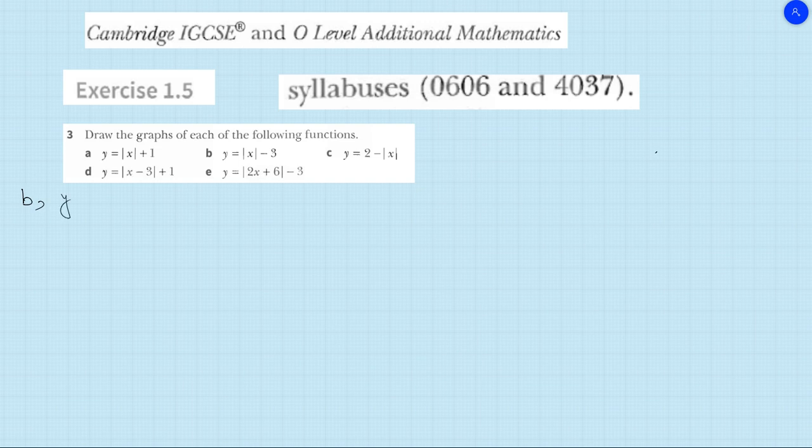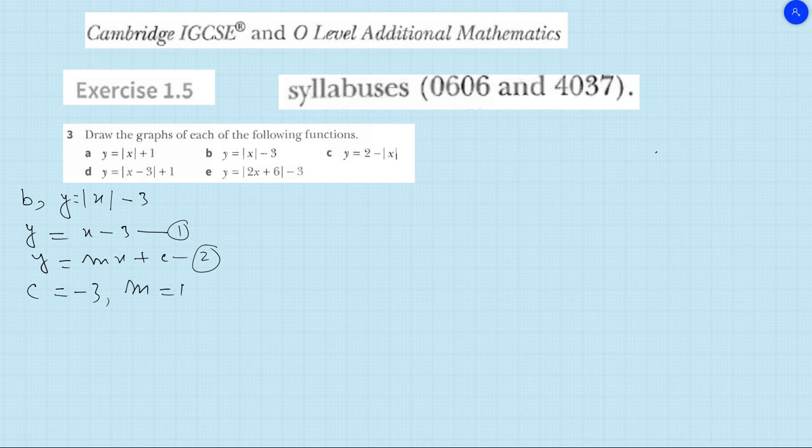Part B, y is equal to modulus of x minus 3. First we have to write without the modulus sign, then compare this with the standard equation of a straight line. Here the y-intercept after comparing is -3 and the gradient is again 1.